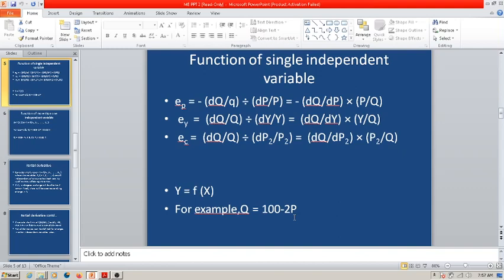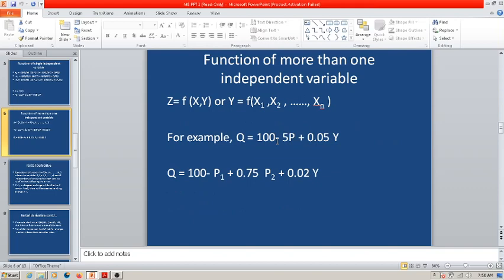In that case, you can calculate income elasticity of demand by calculating dq by dy. Okay, so that is about the function of a single independent variable. So all the calculations are similar, as in the case of price elasticity, you can compute income elasticity or cross elasticity.